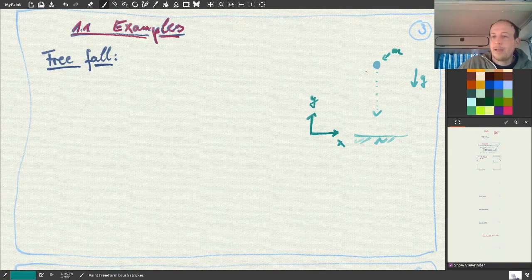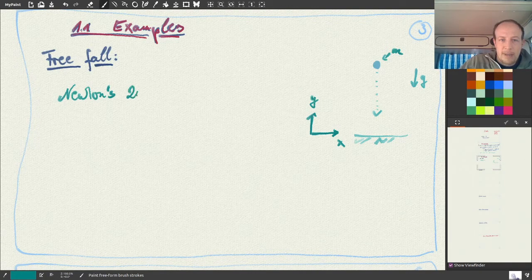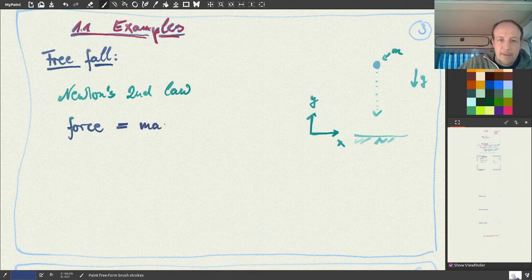And now, what are the equations that will describe the movement, how the ball falls down here? Free fall, and we refer to Newton's second law, which goes like force equals mass times acceleration.